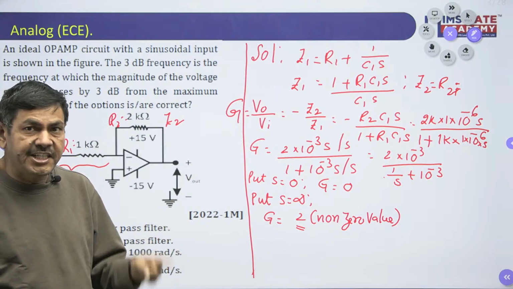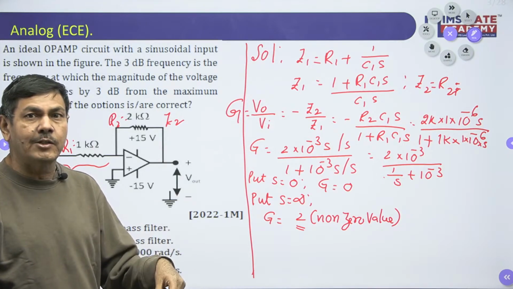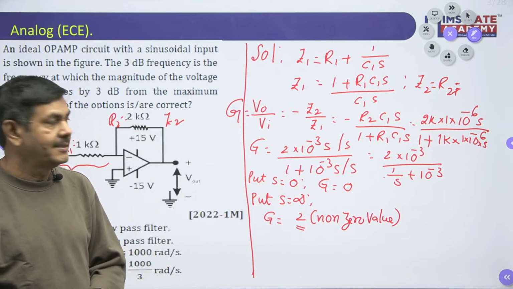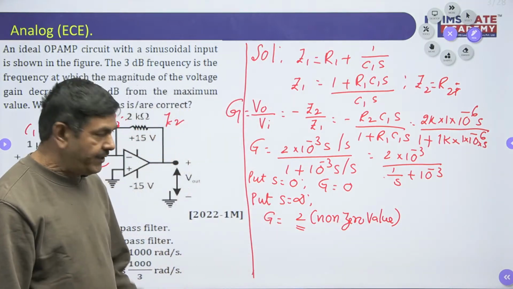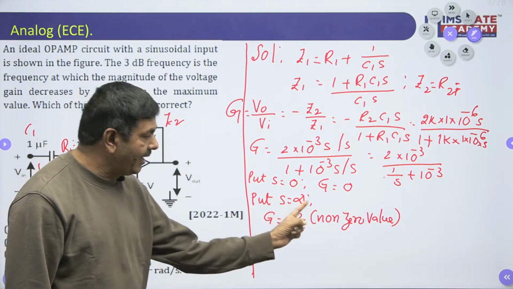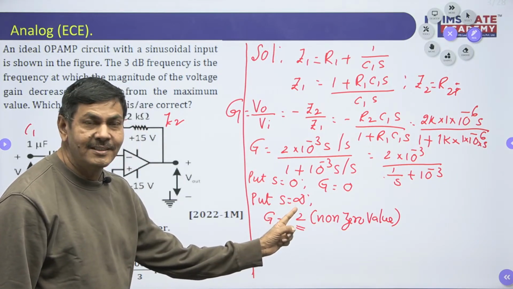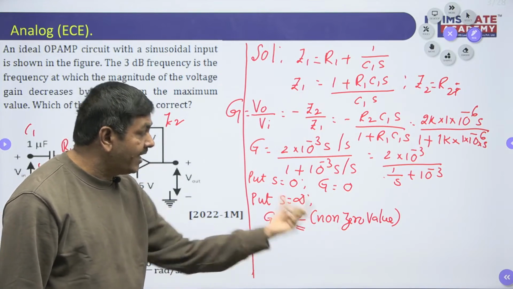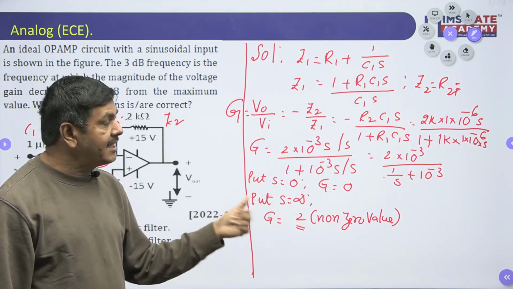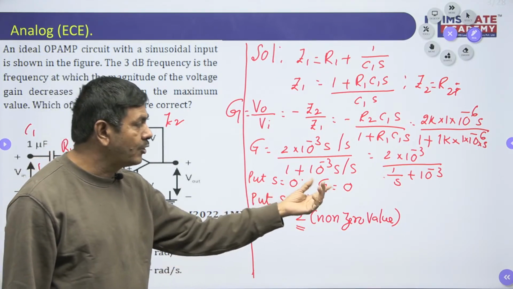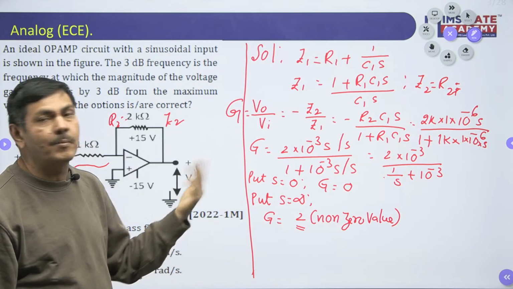Now catch my point. If you get a non-zero value of G at a higher value of S, directly you can say it is a high pass filter. If you get a non-zero value at a lower value of S, it is a low pass filter.